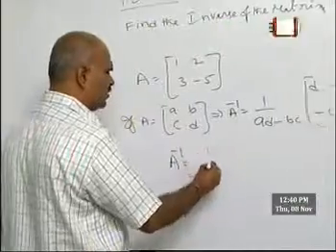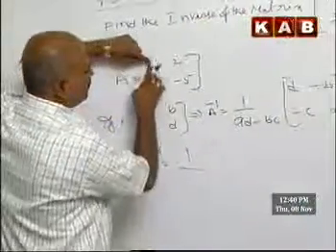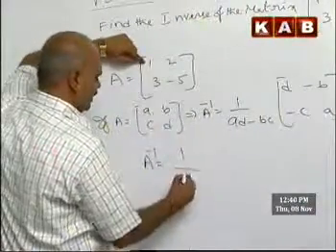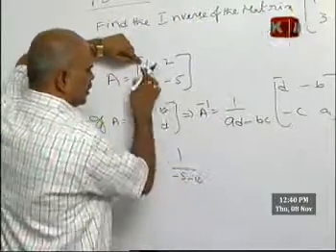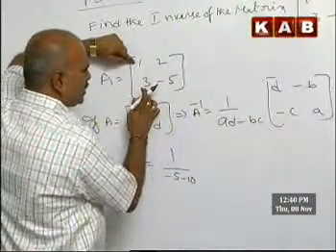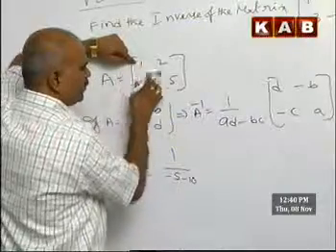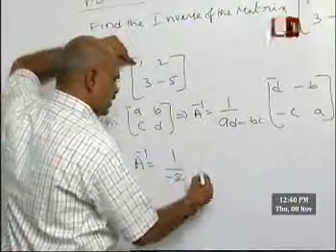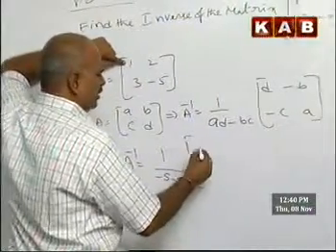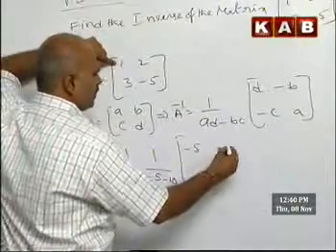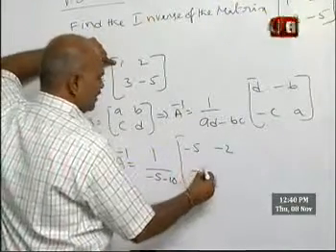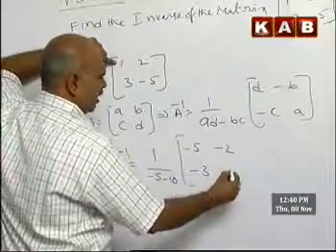A inverse is 1 by AD minus BC, that is minus 5 minus 6. A is 1, B is 2, C is 3, D is minus 5. AD minus BC into D, that is minus 5, minus B minus 2, minus C minus 3, A 1.